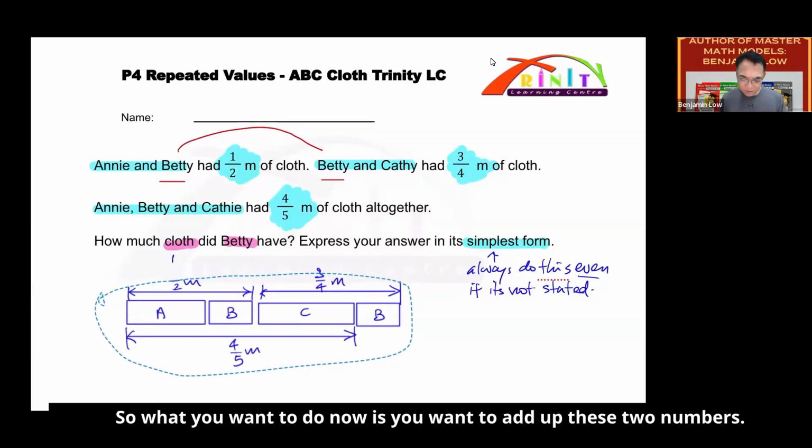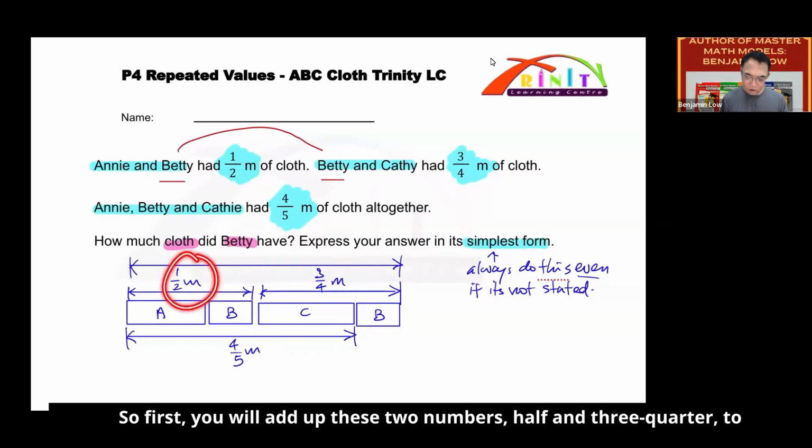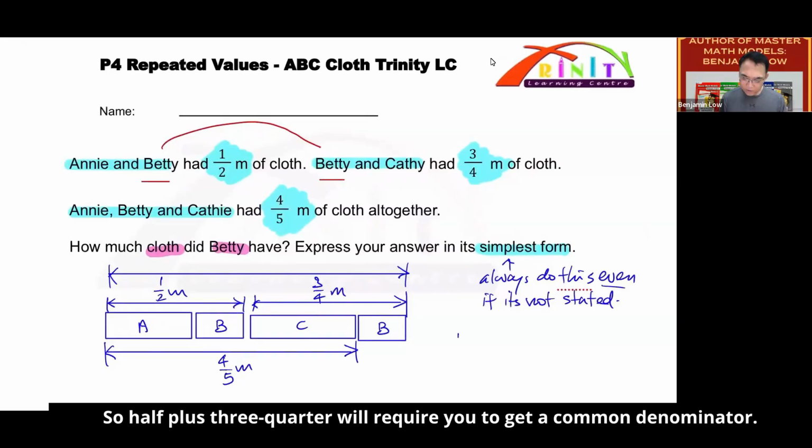What you want to do now is add up these two numbers. First you will add up these two numbers, half and 3/4, to get the value over here. So half plus 3/4 will require you to get a common denominator.